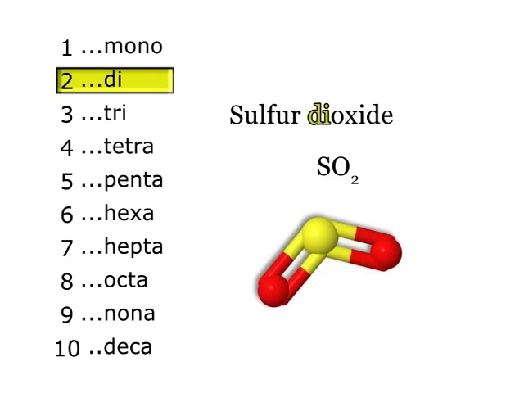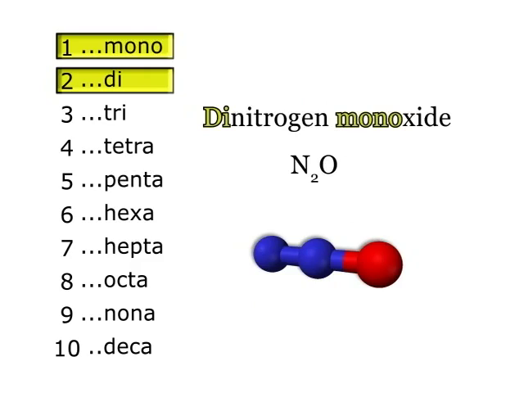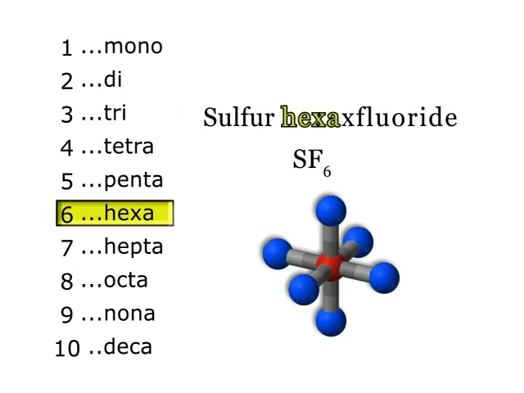Sulfur dioxide, SO2. 1 atom of sulfur, 2 atoms of oxygen. Dinitrogen monoxide, N2O. 2 atoms of nitrogen, 1 atom of oxygen. Sulfur hexafluoride, SF6. 1 sulfur, 6 fluorine atoms.